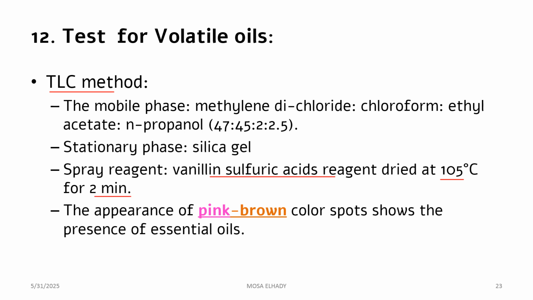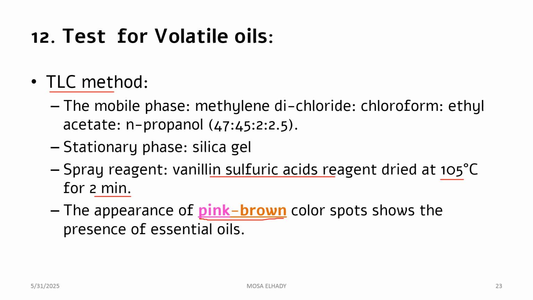We note the change in color of the spot to pink or brown, which shows the presence of essential oil or terpenoidal compound; both monoterpenes and sesquiterpenes give pink to brown color with sulfuric acid.